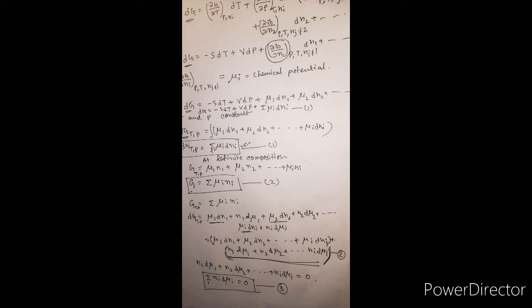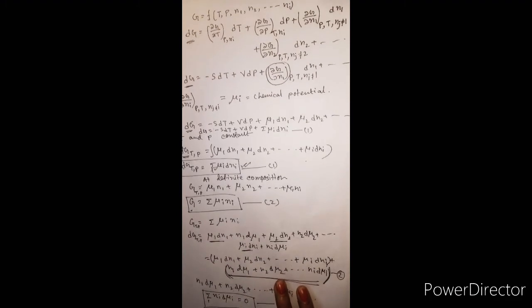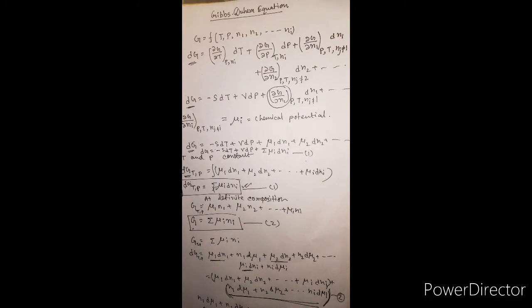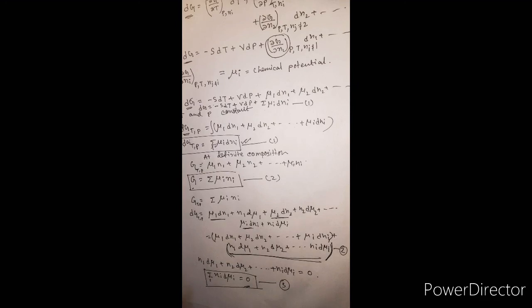These three equations are three forms of the Gibbs-Duhem equation. So this is basically the equation for Gibbs energy, and I showed all these three forms. Please do the derivation by yourself, then you can easily understand why this term is equal to 0.